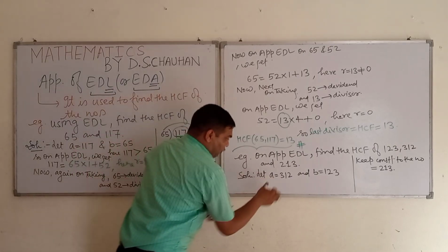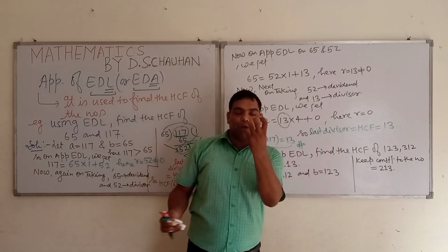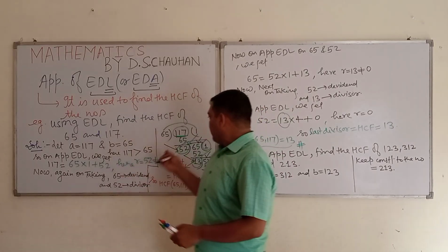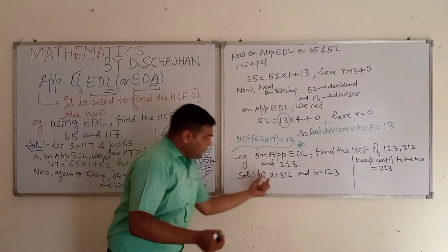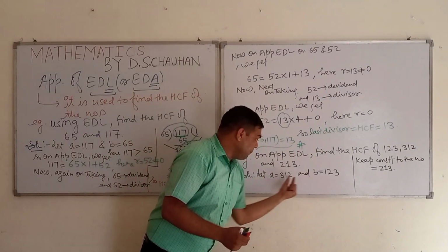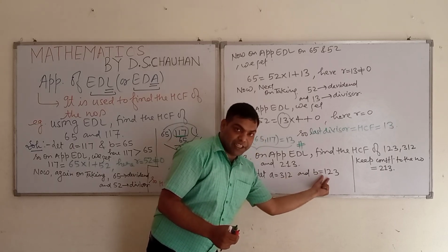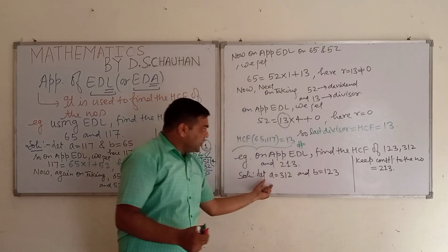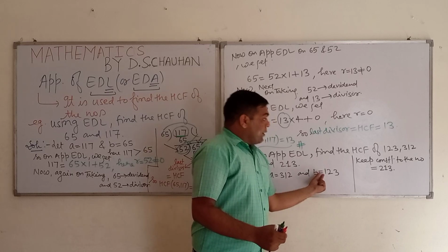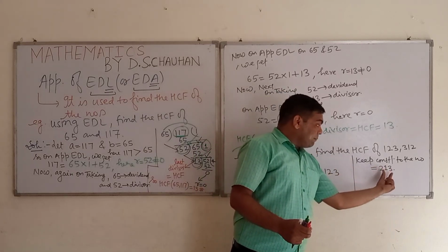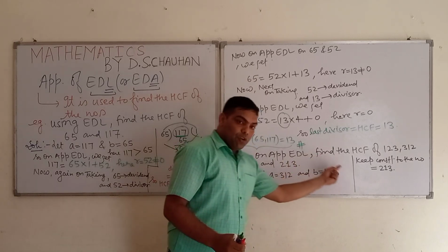Okay students, firstly we will find the HCF of two numbers, because the process of division can be applied only on two numbers. Keeping this in mind, firstly we will find the HCF of 312 and 123. Whatever HCF of these two numbers we get, we will then find the HCF of that and the third number.